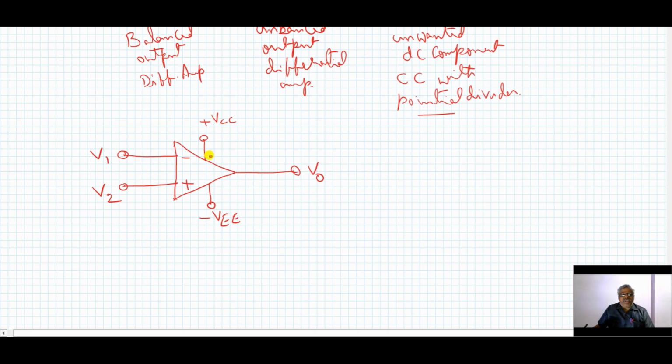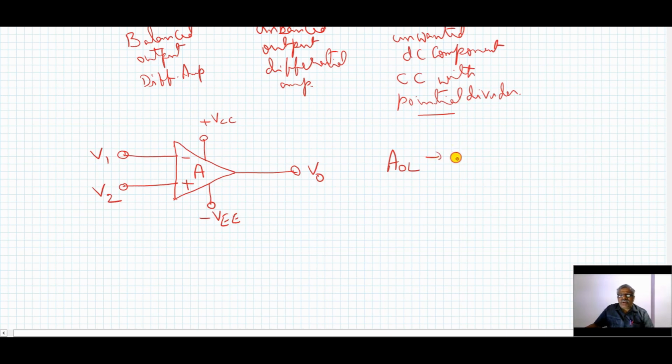Otherwise, we assume that they are present. So, in most of the circuits, we represent only two input terminals, one output terminal, and the gain of the amplifier is written with the symbol A within the circuit. Here, the gain A is AOL.